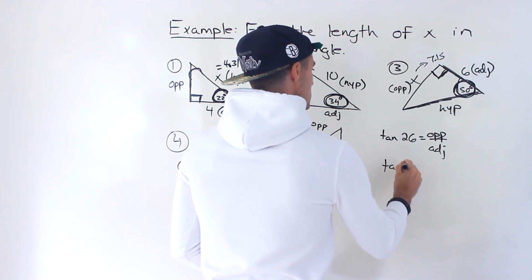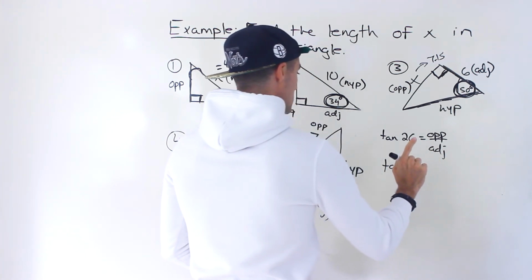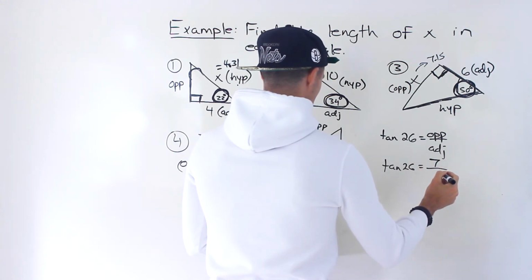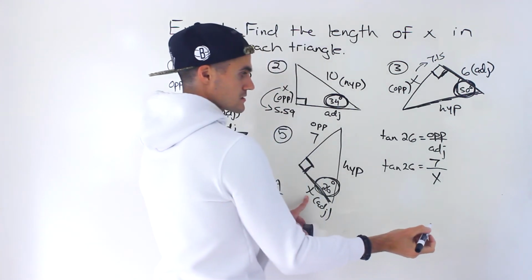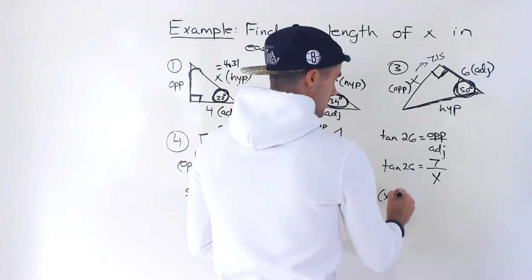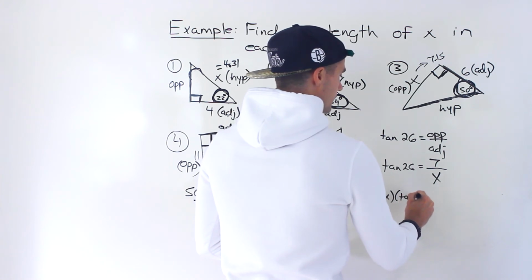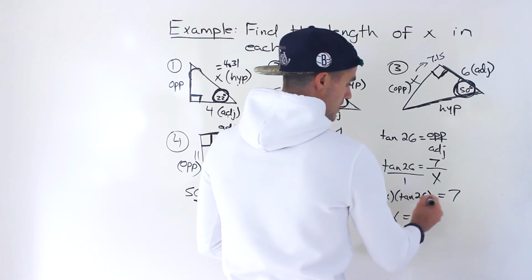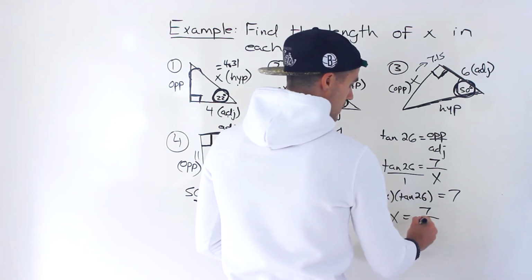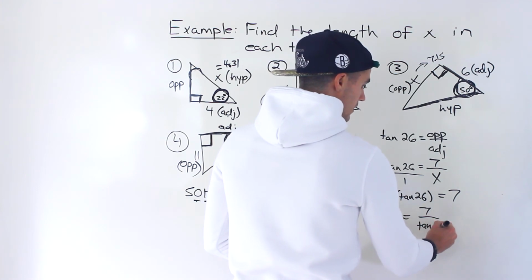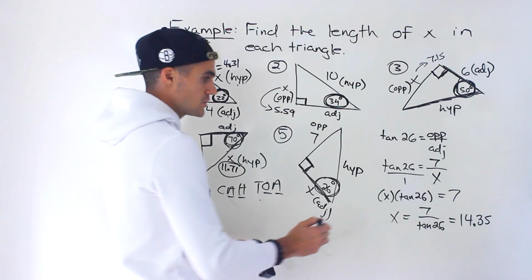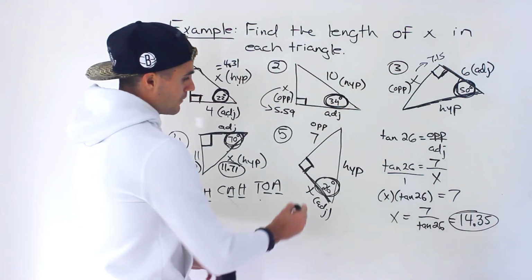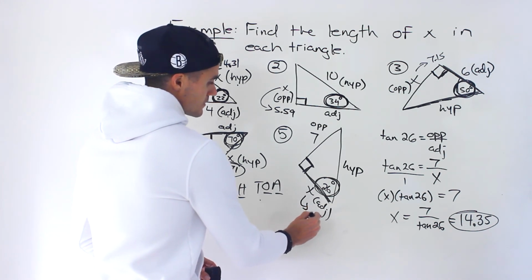So we'll have tan of 26 equals the opposite side, which is 7, over the adjacent side, which is x in this case. We cross multiply; this is over 1, and then 1 times 7 is 7. So for x, we divide both sides by tan of 26 to get the x by itself. So x is basically going to be 7 over tan of 26. When you do that calculation, you end up with 14.35. So that would be the answer to this x value.